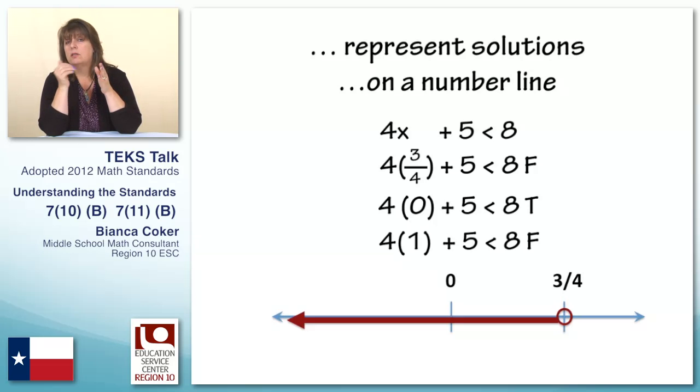And we checked on the other side of 3/4. We checked 1. 4 times 1 plus 5 is not less than 8. It's false. We don't shade that part of the number line. So we end up with a graphical representation of our solution that looks like this.